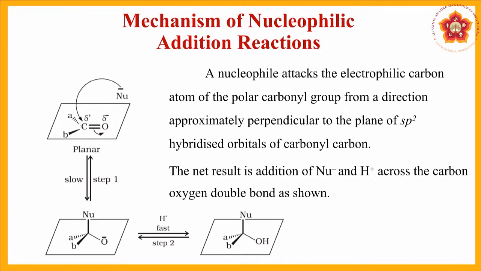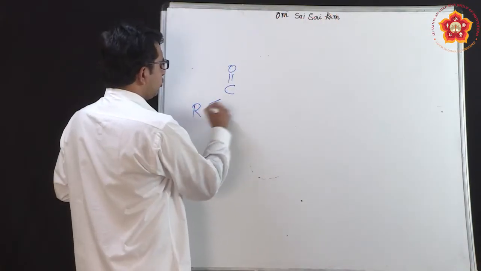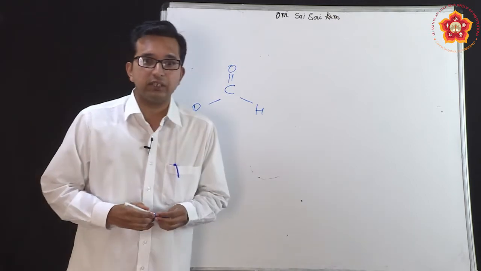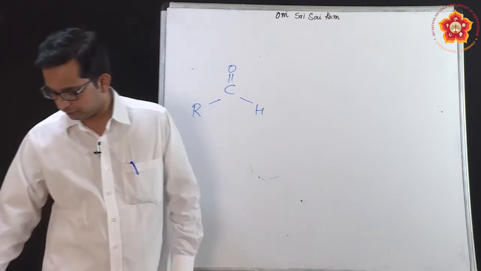Now, the question is, what is a nucleophilic addition reaction? Nucleophilic addition indicates that a nucleophile will come and attach to the carbonyl group. A nucleophile indicates a compound which is present with large electron content.